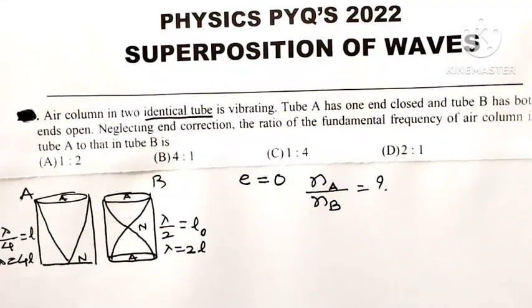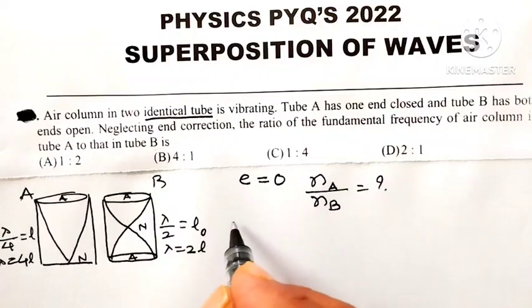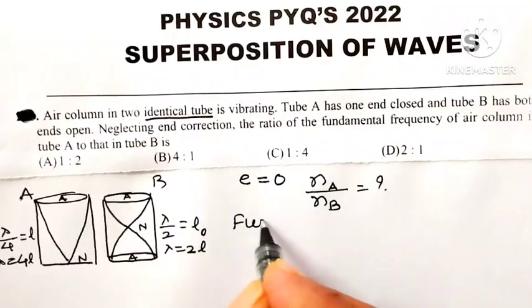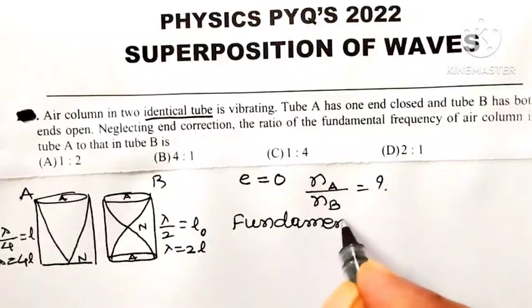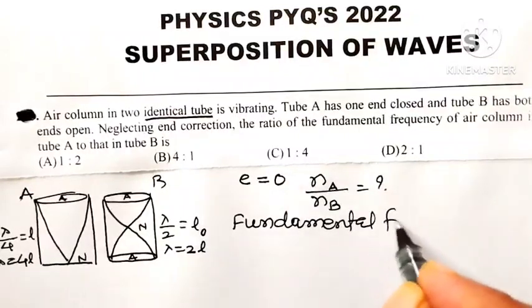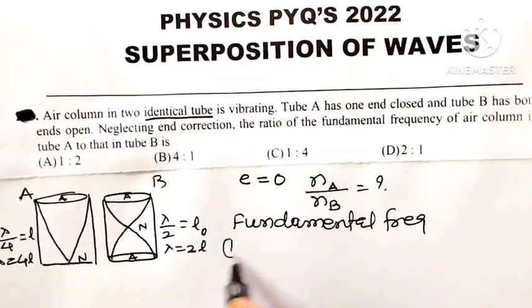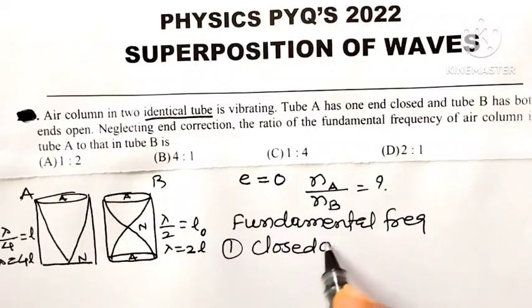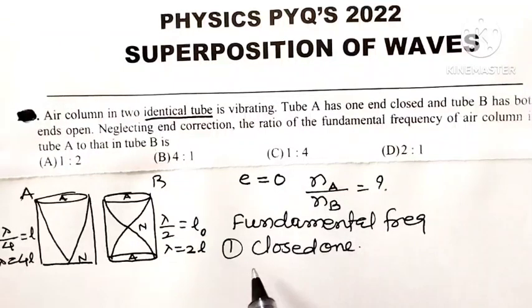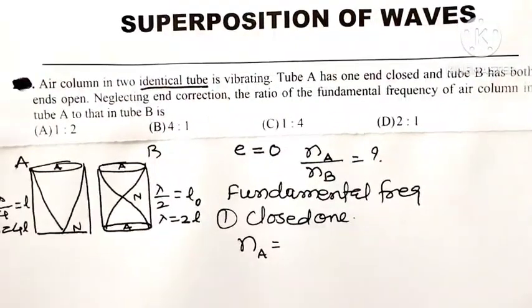So what is the formula for the fundamental frequency of tube A? For a tube with one closed end, NA is equal to, whenever one end of a tube is closed, what is the formula for fundamental frequency?